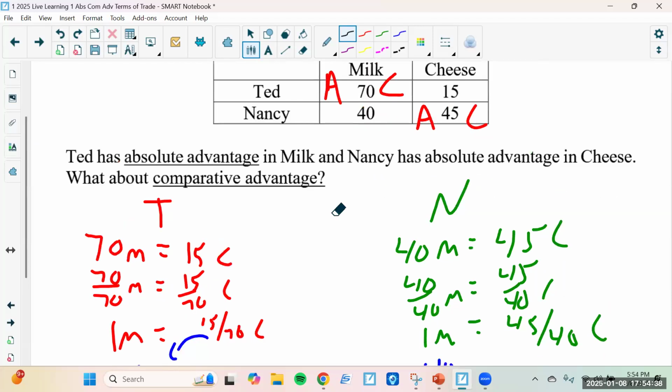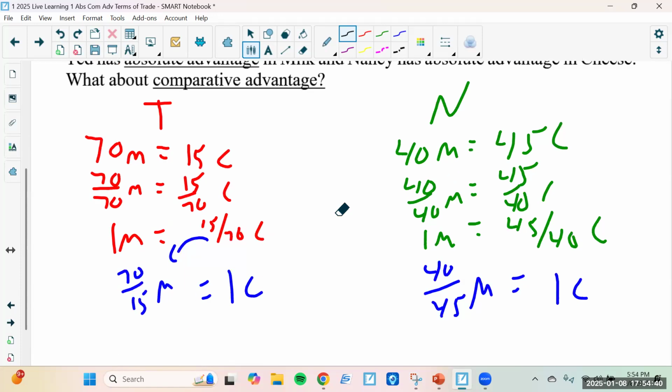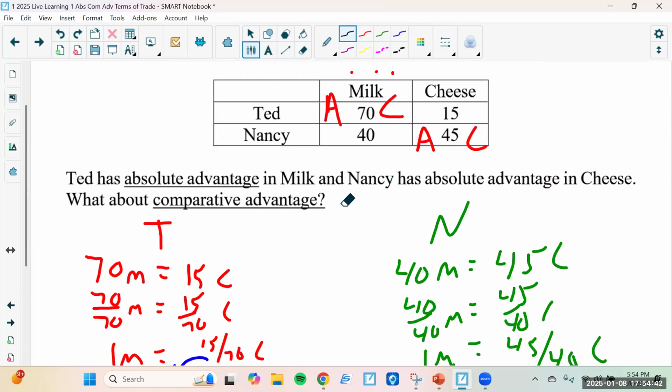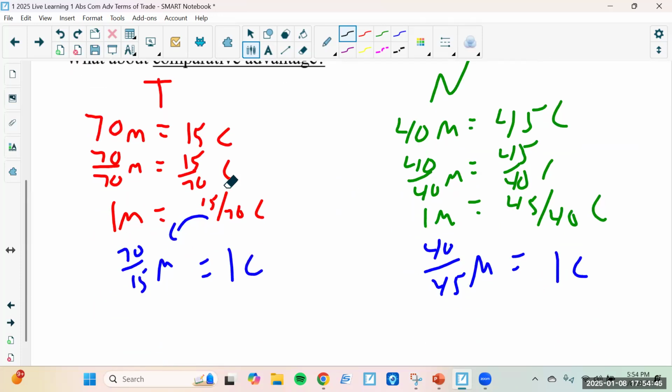Back over here, Ted and Nancy trading cheese and milk. For one milk, the terms of trade are going to be somewhere between 15/70ths of a cheese and 45/40ths of a cheese. For one cheese, it's going to be somewhere between 40/45ths of milk and 70/15ths of a milk. Terms are going to be somewhere between there.